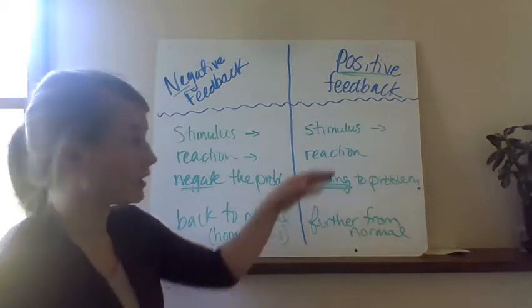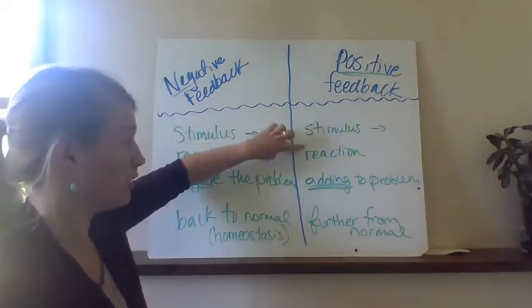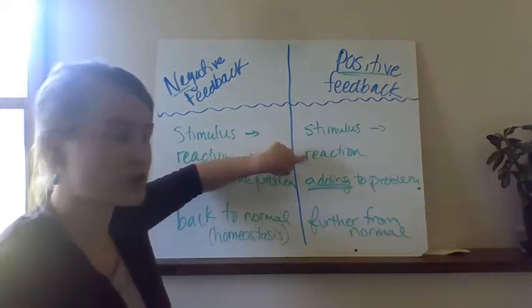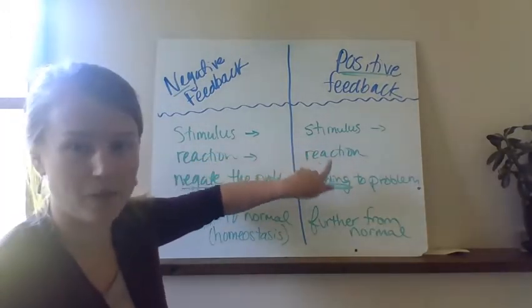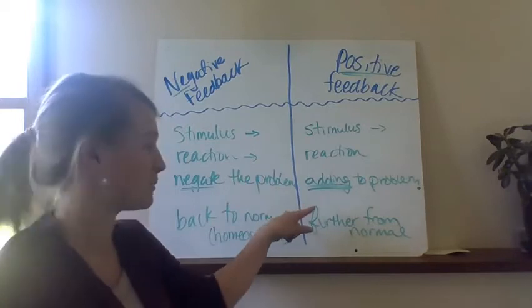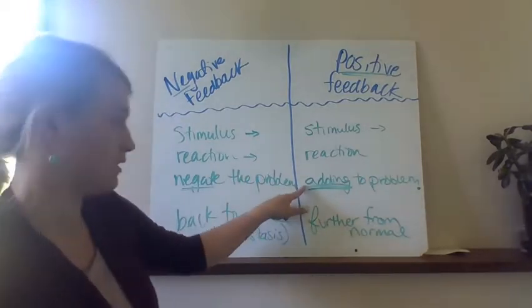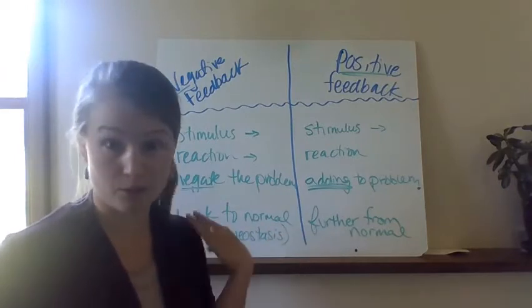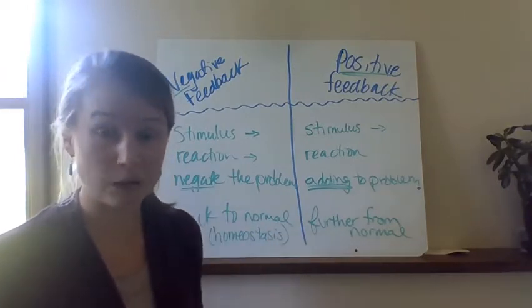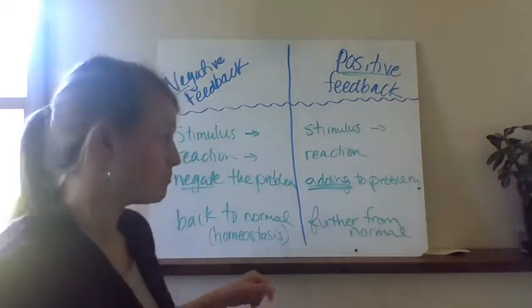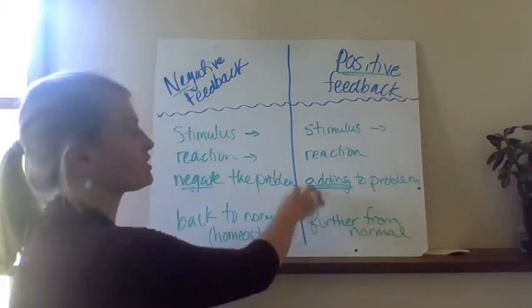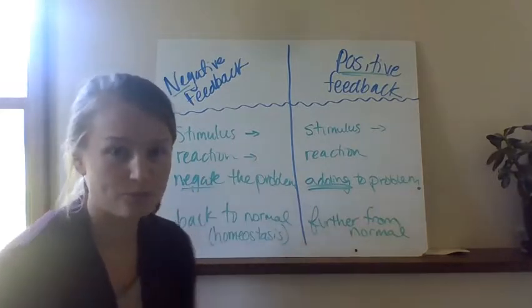And in the real book, it becomes a positive feedback loop where the reaction of the boy is to say, "Sure, here's some blackberry jam." And that reminds him of something else. And that reminds him of something else. And it keeps adding to the problem and brings us further away from normal because the moose shouldn't be in the house doing all of this stuff with the boy. And then eventually the moose asks for another muffin.